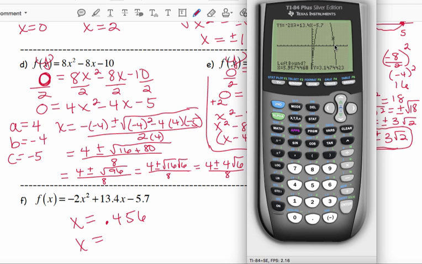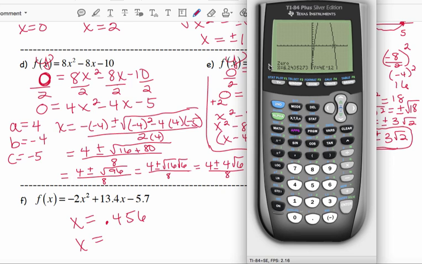They're above the x-axis. That's more to the left on my graph. So I'm going to set that point and hit enter. Then I'm going to go to the right bound of that particular 0. So a little more to the right. I'm on the right side of that 0, and then I'll set that with an enter. And then it's asking me to guess exactly where that 0 is, and I think that is the closest I can get to my actual 0, and I will hit enter, and there it is.